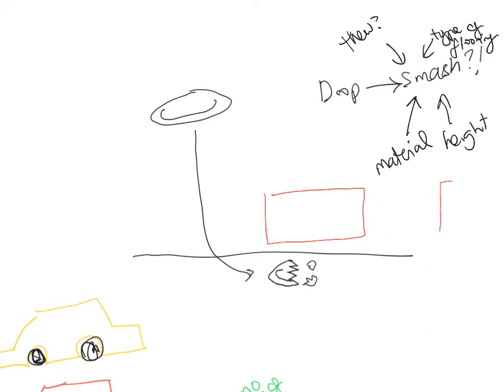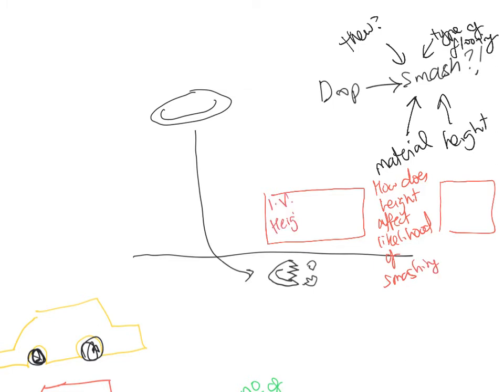In the plate smashing example, we could ask the investigation question, how does the height affect how likely it is that a plate would break? Our independent variable, the one that we're changing, which is the cause, would be the height from which we drop the plate. The effect would be whether or not the plate smashed.